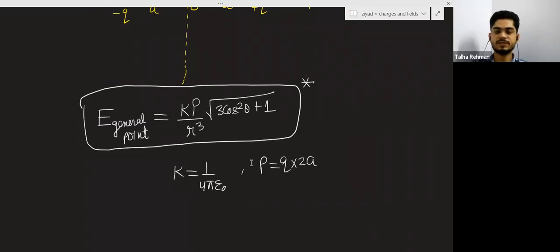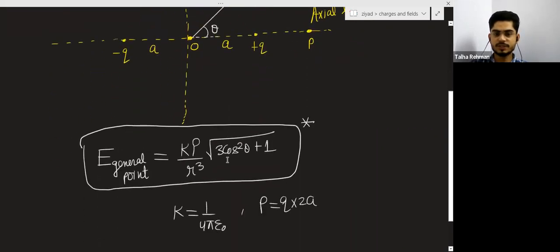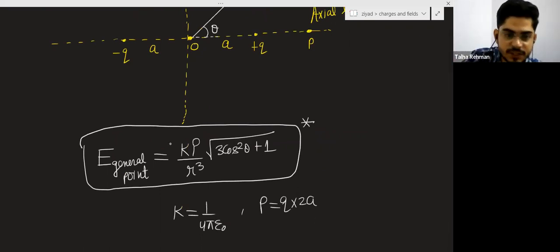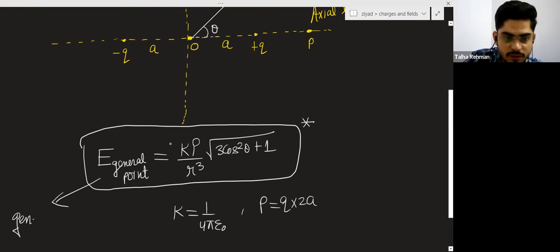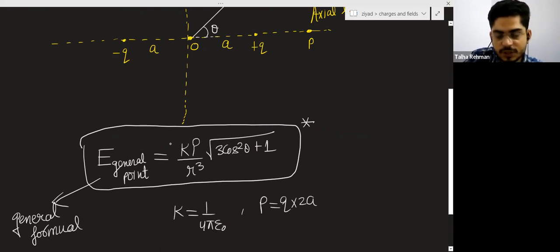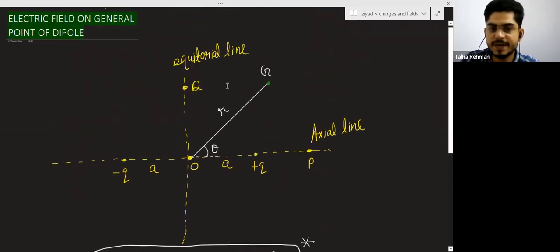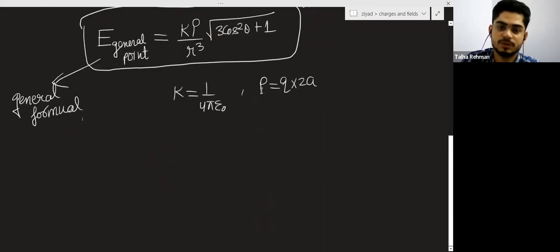So this is the general formula of electric field due to a dipole. Why am I saying this is the general formula? Because if you know this formula, then you can calculate the electric field at this point P and at this point Q.